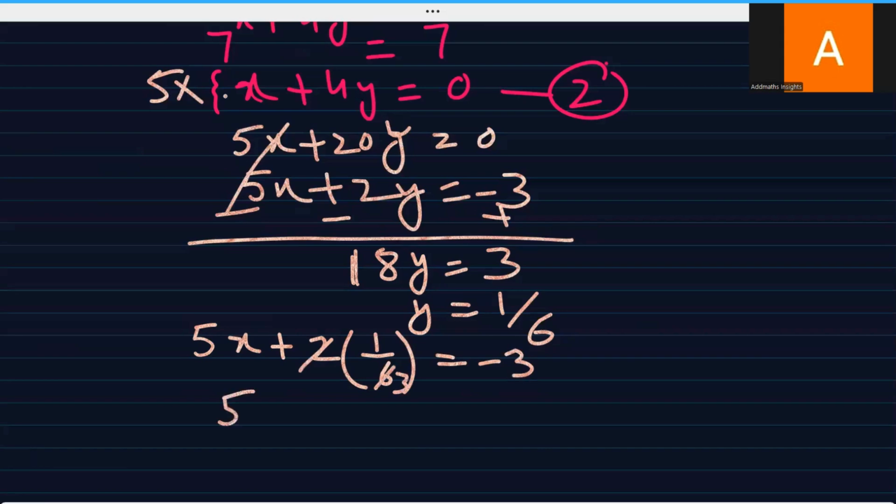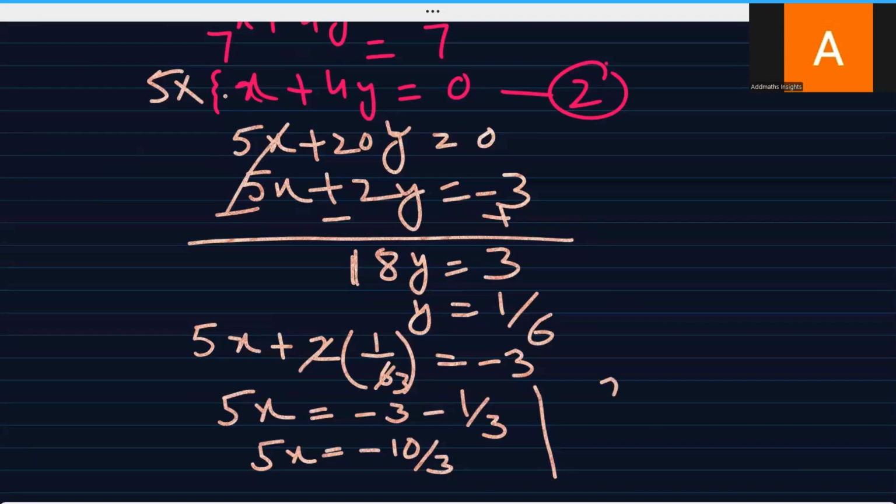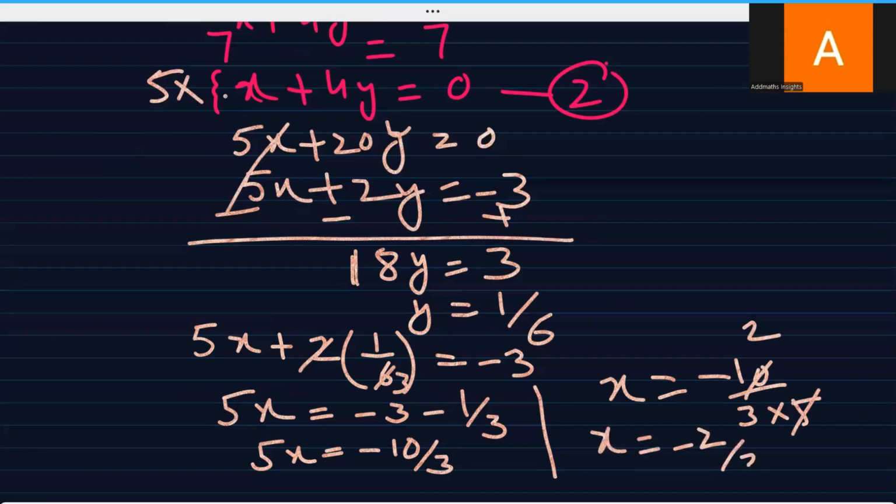Then you take this 1 by 3 to the other side: minus 3 minus 1 by 3. We make the denominator same, and you are left with minus 10 by 3. Then we take this 5 to the other side, so it will be minus 10 by 3 divided by 5. When you simplify, your answer is x equals minus 2 by 3. So here we complete this topic.